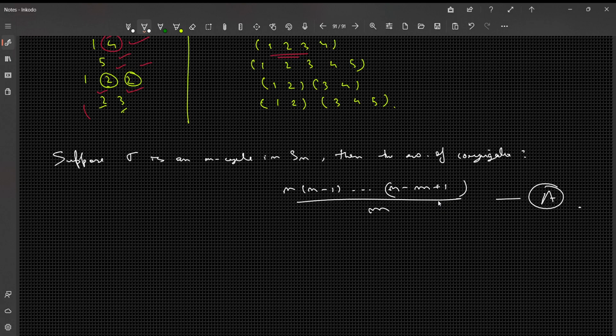Then the index of the centralizer of sigma in Sn is exactly this, the number of conjugates, right?